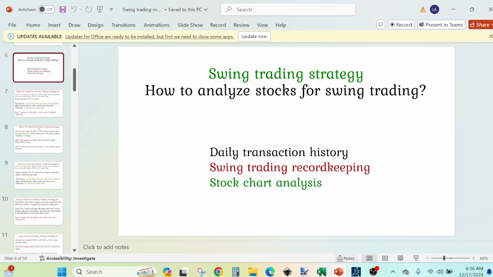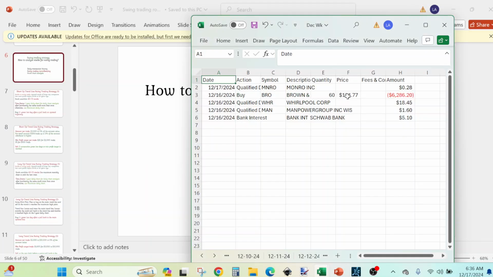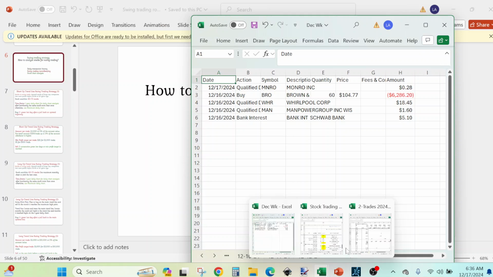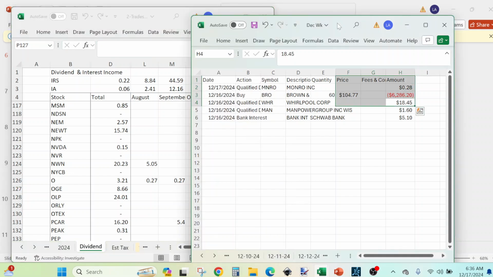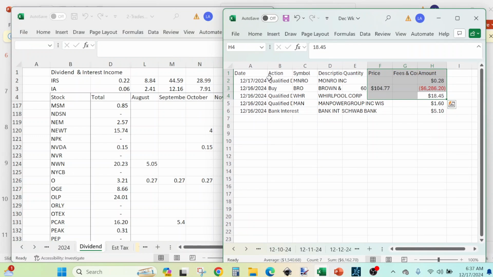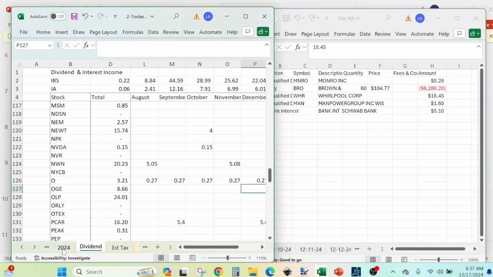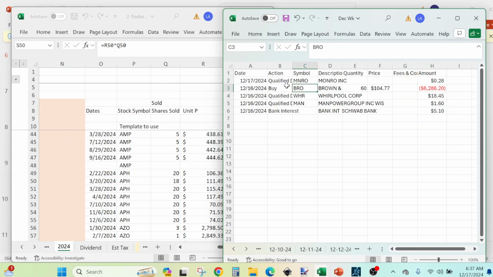We have our bookkeeping spreadsheet open, and we have our daily transactions open as well. And for December 16, 2024, as you can see, we didn't sell anything, but we purchased a stock.